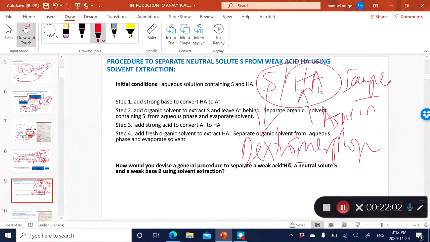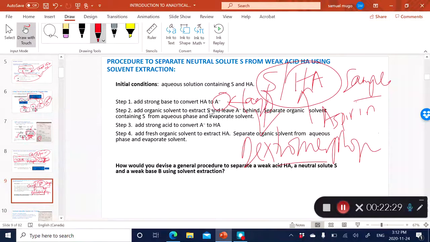Now, remembering, of course, HA tends to dissociate. And if it dissociates, then it doesn't extract very well because it becomes a charged species. So the process would be as follows. Step 1, I would add a strong base so that I convert my HA to the A minus. And if at all I convert it to A minus, it will prefer to be in the aqueous solution.